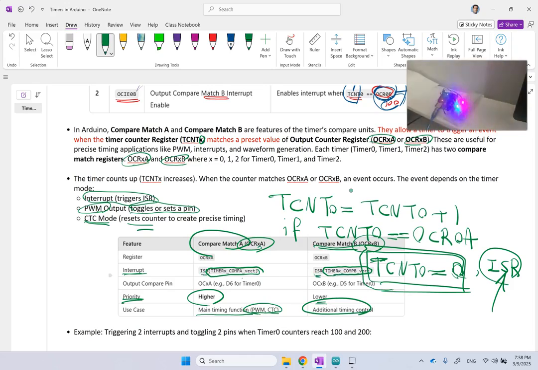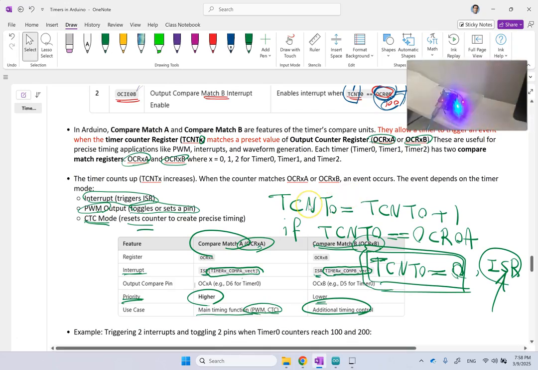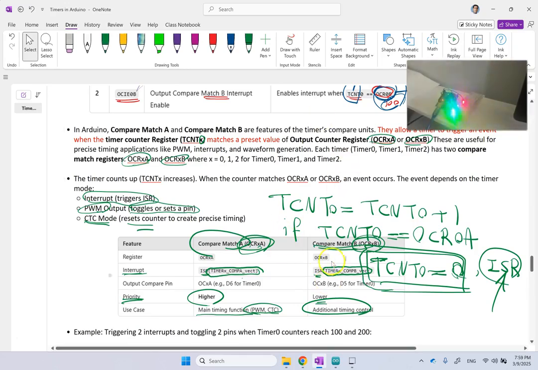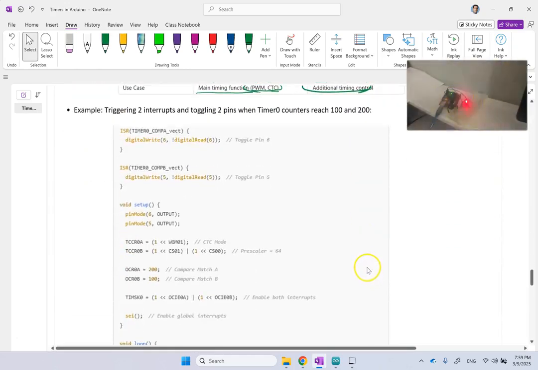These are the functions, the interrupt routines, that are activated when the variable TCNT reaches OCRA or it reaches OCRB. So let's look at an example of that here.